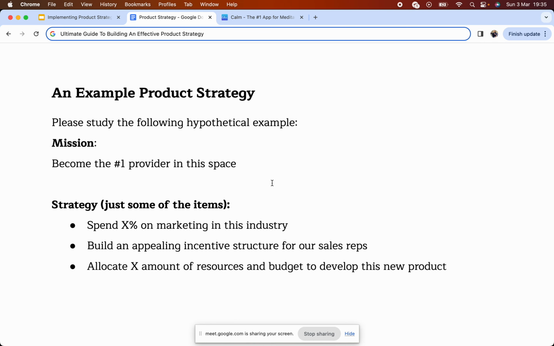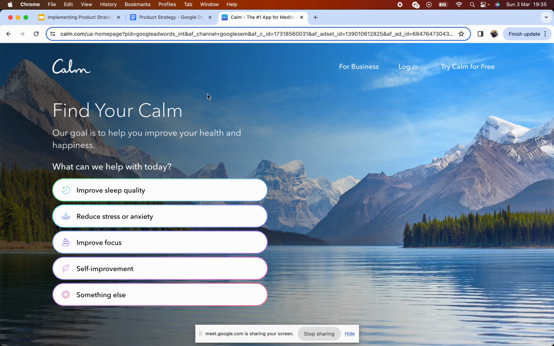Okay. So an example of a product mission could be to become the number one provider in this space. If you are Calm, this is a meditation app, they could have a product mission that says to become the number one product in the space of meditation.